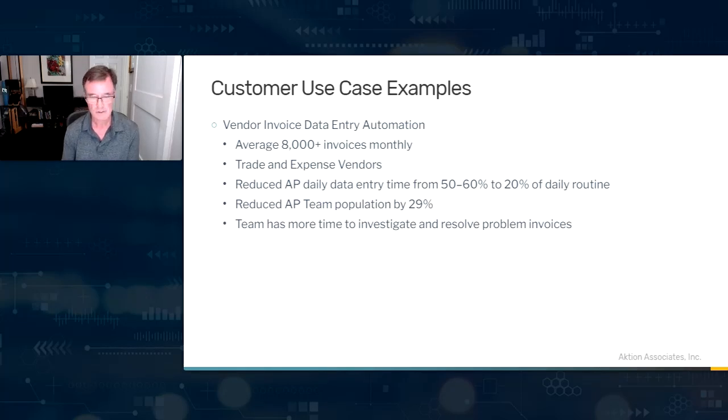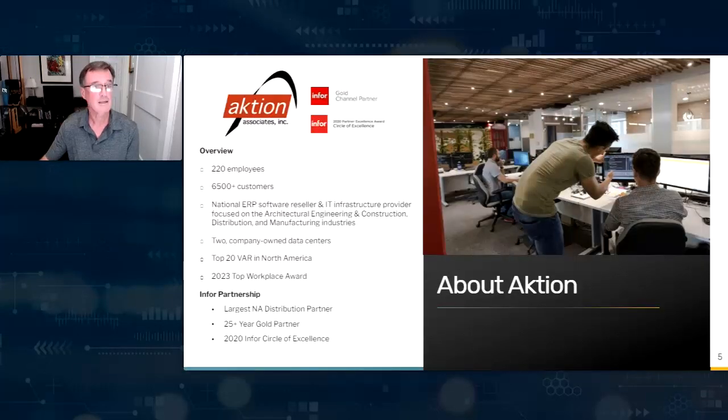So those invoices that come in that have issues, they're able to get them corrected and paid in time to be able to take those all important trade discounts. So the goal again here is to reduce the time spent on data entry so that you can maximize the amount of time you have to not only resolve errors, but maybe focus on more important, perhaps revenue generating tasks.